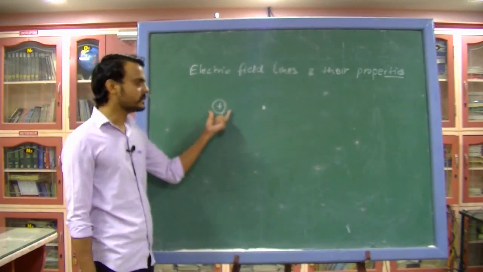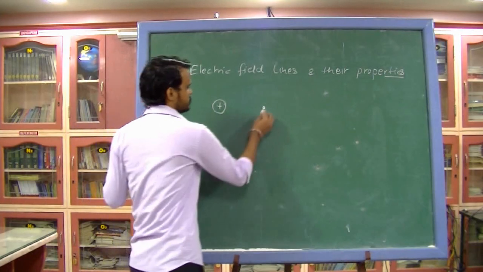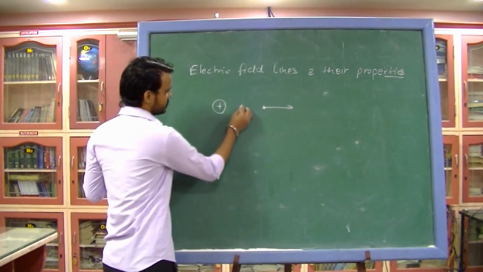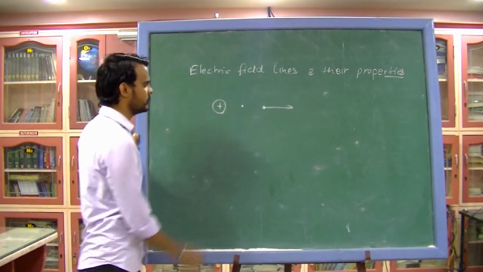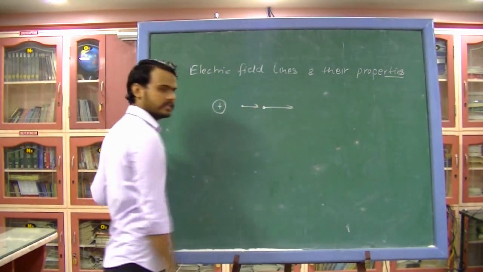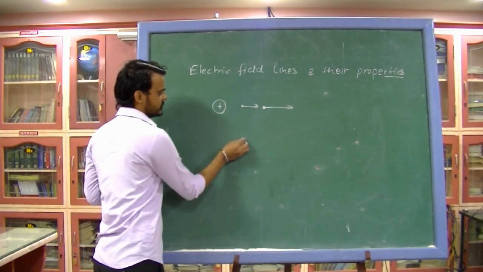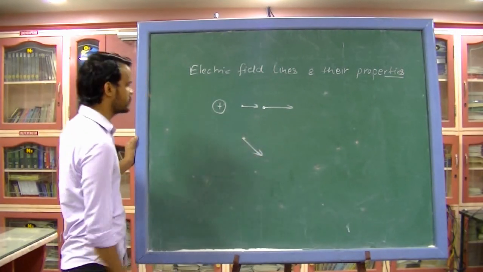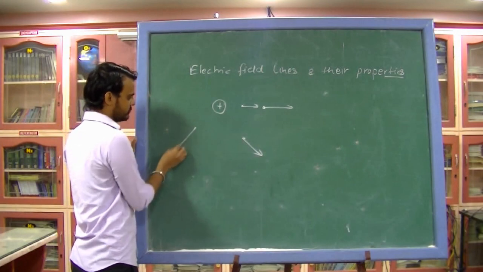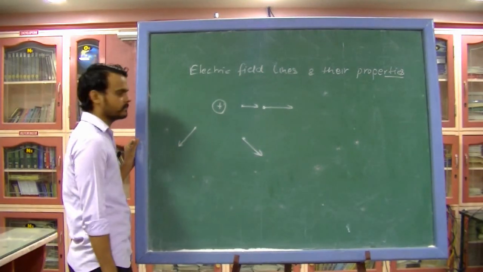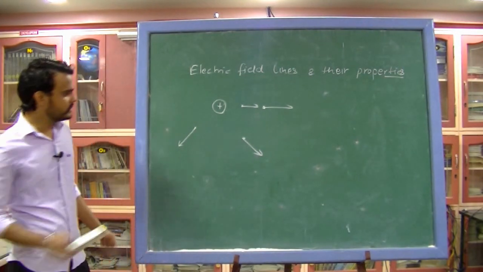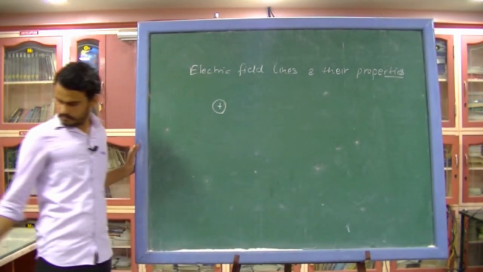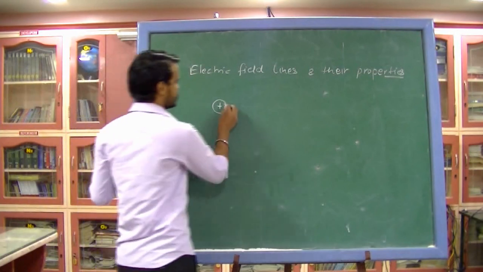You can say this charge is positive, so due to this positive charge, the direction of electric field will be along this direction. Similarly, at this point the electric field intensity will be in this direction. If the point is here, the direction of electric field intensity will be in this direction. Similarly, if the point is here, the direction will be in this direction. So, if I want to write the electric field intensity at every point, I can simply represent this like this.